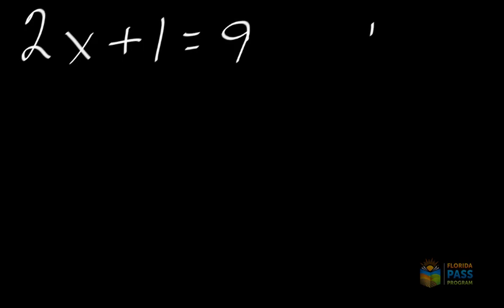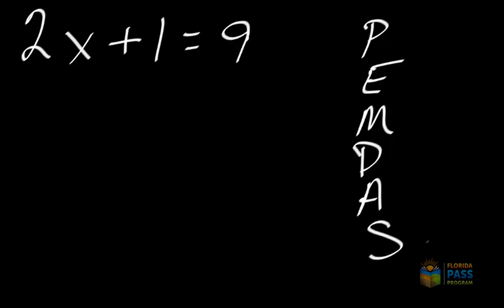The way we begin that is we use PEMDAS still, but this time we're going to go the opposite direction. Anytime you solve equations, you go the opposite direction, which means you would do addition and subtraction first, then multiplication and division, and so on. So when you're solving equations, you always have to do the opposite of what you see. For example, 2 times x plus 1 equals 9.